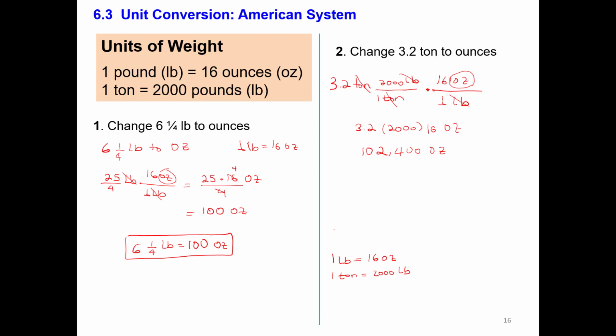And now we can write the final answer. This is 3.2 tons equal to 102,400 ounces. Let's write this one. This is also, let's make this one clear.